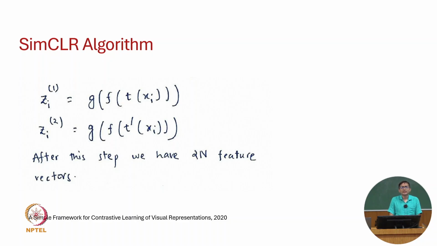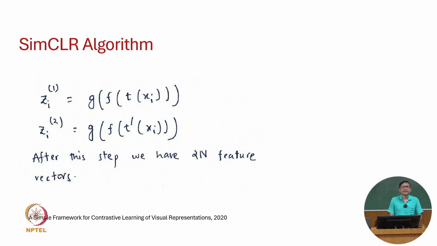Given the xi, first time we processed it using t transformation, then processed it with f, and then with g. And let's say we got this zi1, and for the next time we processed this xi using this t dash, then through f, and then through g, and we got zi2. So remember, where did we start?